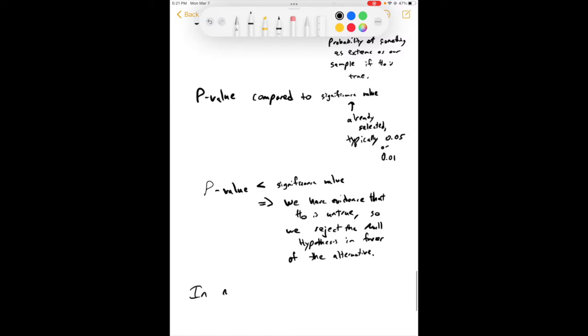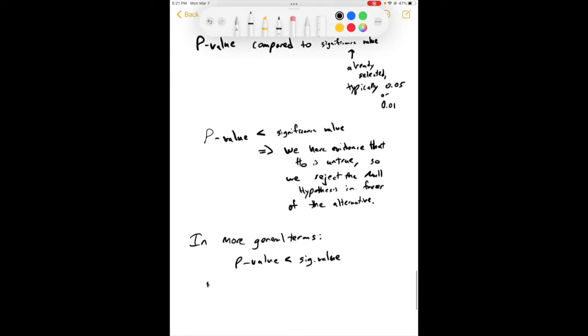All right, so in more general terms, if your p-value is less than the significance value, there is evidence that the alternative hypothesis is true.